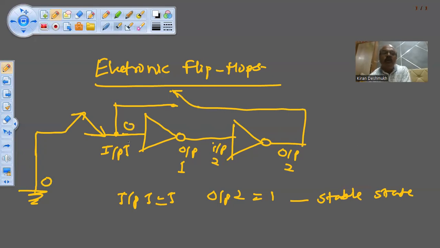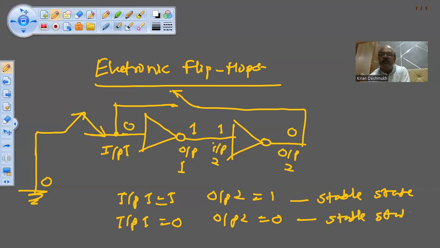When the input to the inverter is 0, its output will be 1. So the input to the second inverter will be 1, so its output will be 0. So what do you see? When input 1 is equal to 0, output 2 is also equal to 0. This is another stable state.